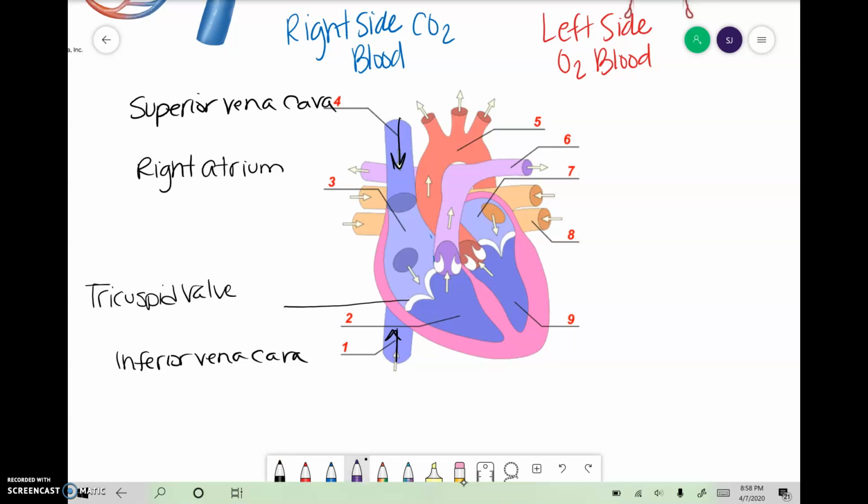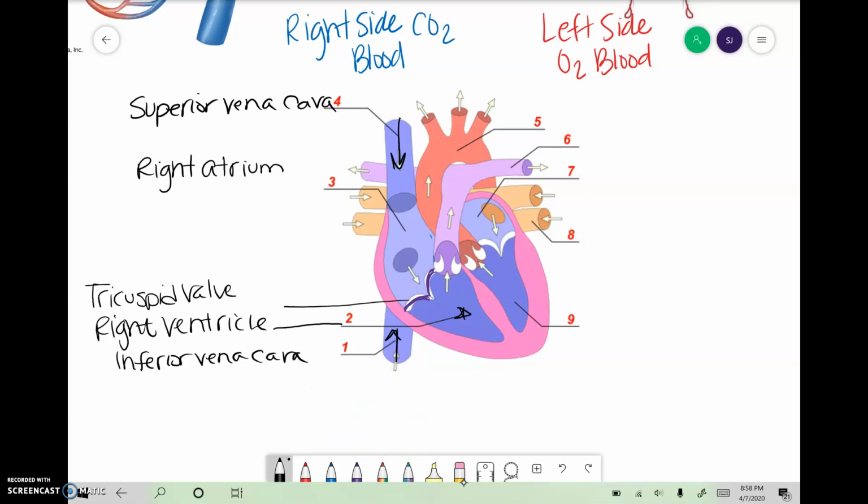Okay, so this is the tricuspid valve. After that is the right ventricle. Okay, so number 2 is the right ventricle. It is that lower chamber where blood is pulled into the second part of the right side.